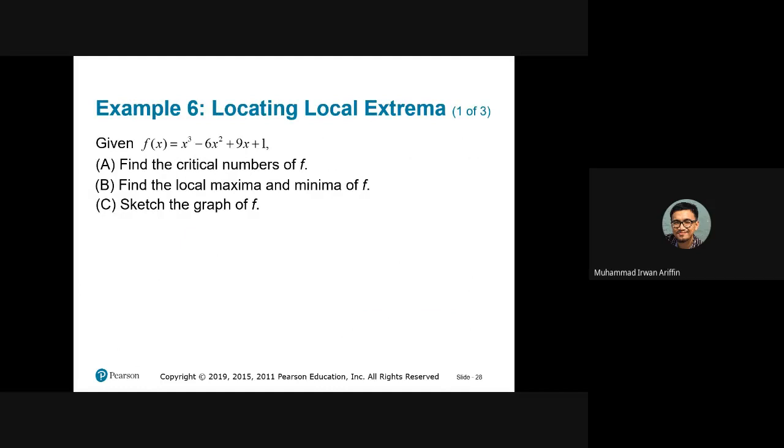Given this function, f of x equals x cubed minus 6x squared plus 9x plus 1, let's say we need to find the critical numbers, locate the local maxima and minima, and then sketch the graph. How do we find the critical numbers?